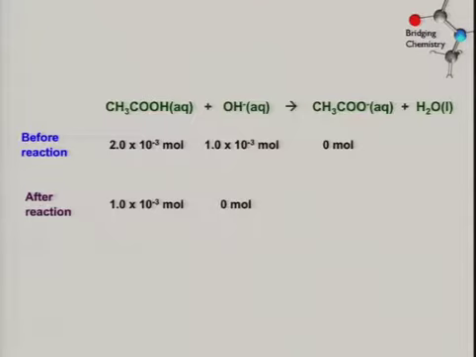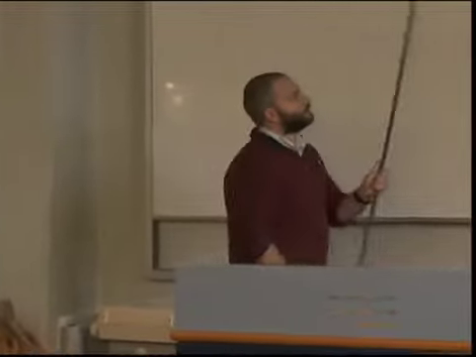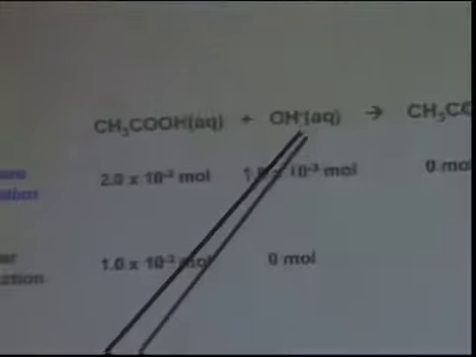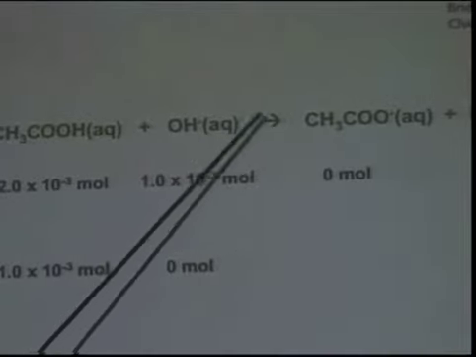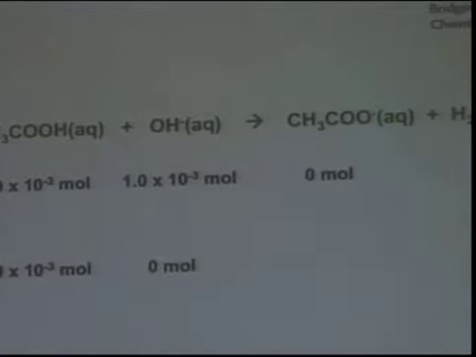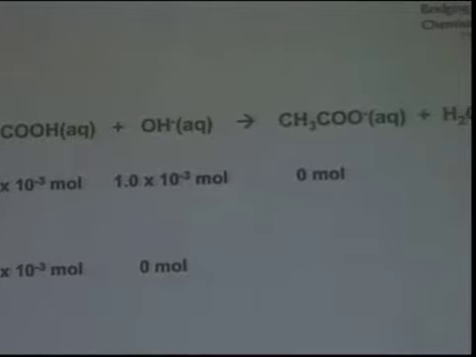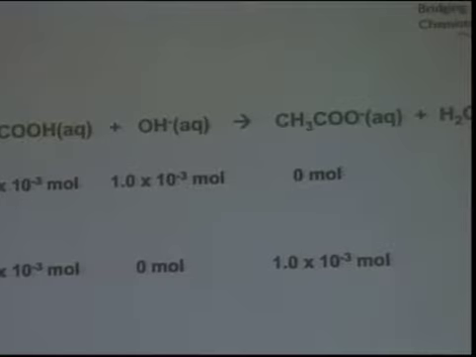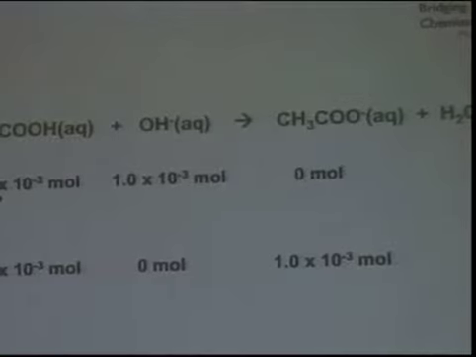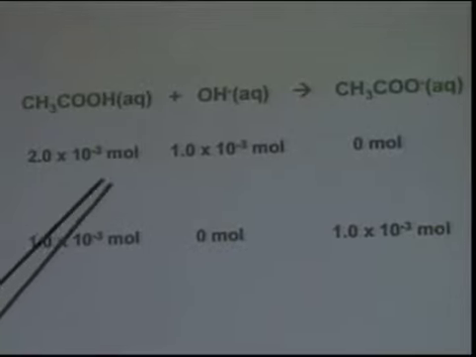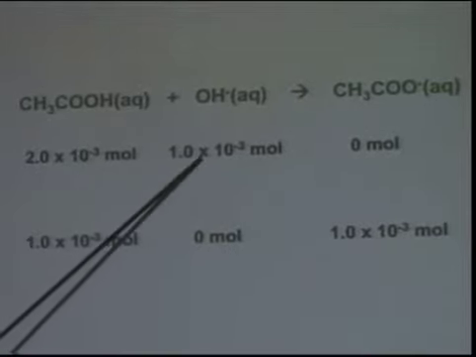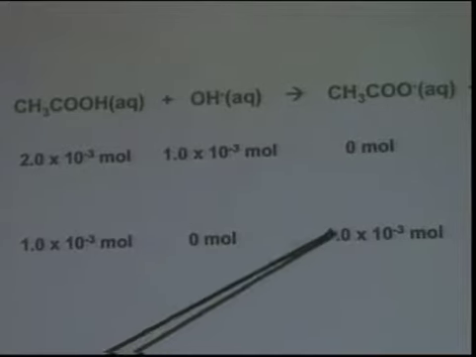Because it's a 1 to 1 to 1 to 1 ratio, if 1 times 10 to the minus 3 moles of hydroxide reacts, that must make 1 times 10 to the minus 3 moles of ethanoate, right? Because the ratio here is 1 to 1. If that amount of hydroxide reacts, it must make that same amount of ethanoate. That's what the balancing tells you, yeah? And so that amount will be 1 times 10 to the minus 3. So this one is this number because that's how much is left over after this amount of this has reacted with this amount of this, and this is the amount that's produced.